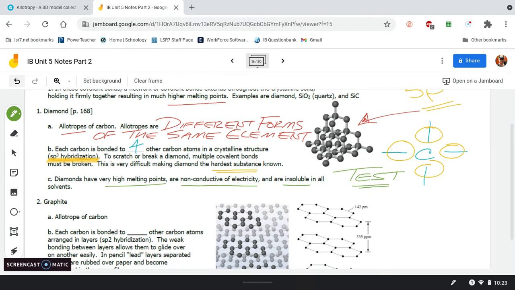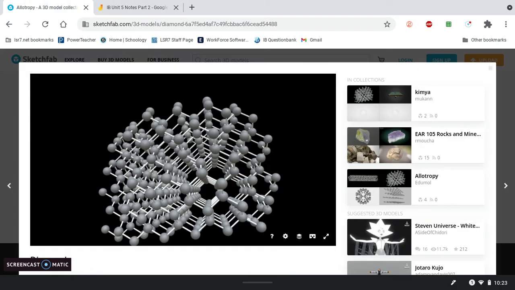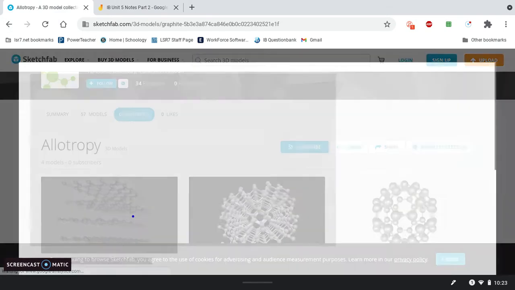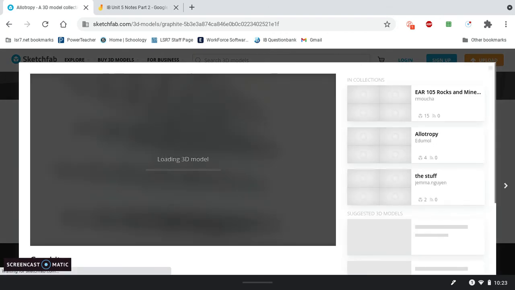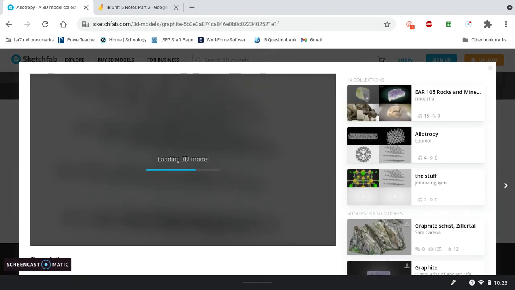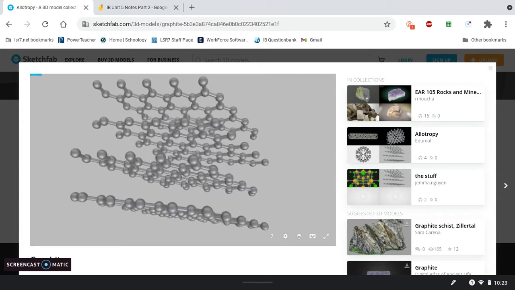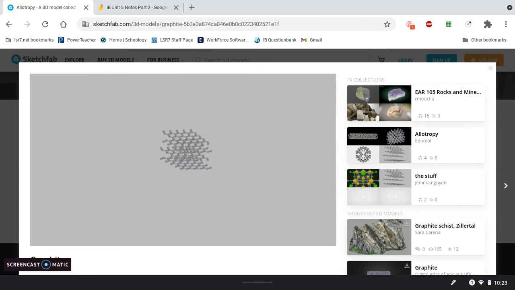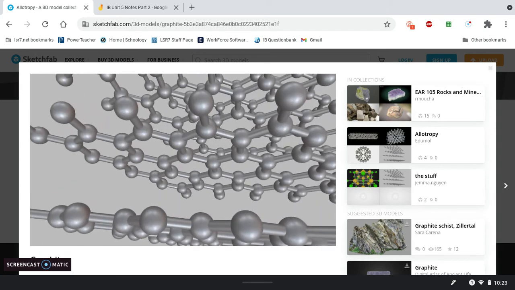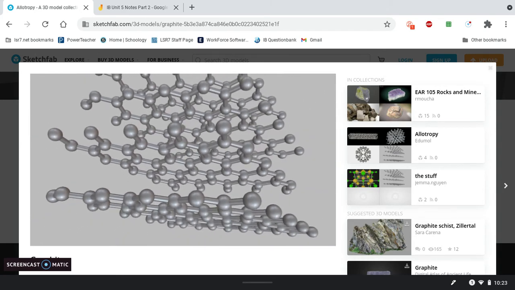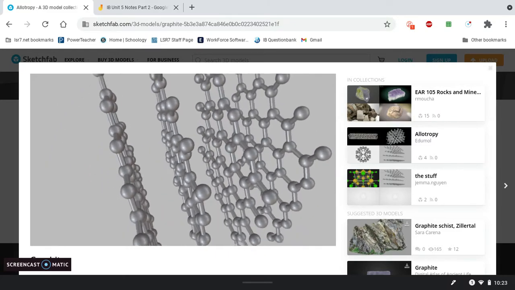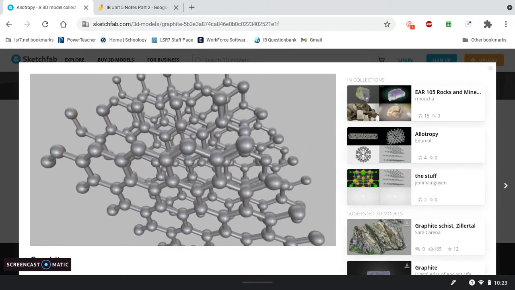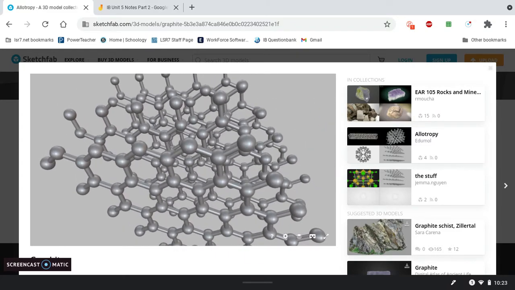Okay, so let's go back to my model, and if I go back to this one, which is the one I started off with first, this is graphite. Here's the difference. If you look at these, all of these are connected to only 3 other carbons.